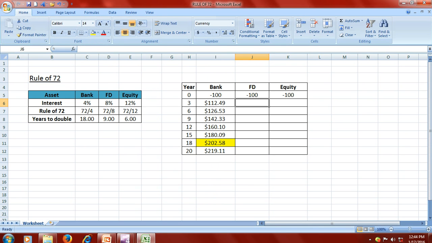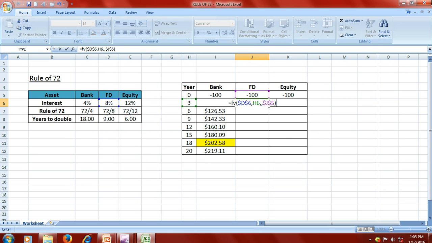Similarly, we are going to do the same calculation for fixed deposit. Type equals FV open parenthesis, keeping the rate of fixed deposit as constant, which is 8%. Press F4. NPER is 3. There is no PMT. PV is 100, keeping that investment amount as constant. F4.